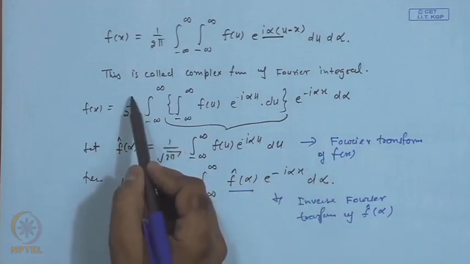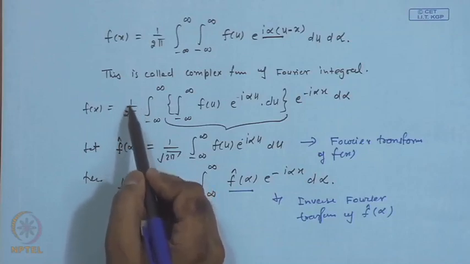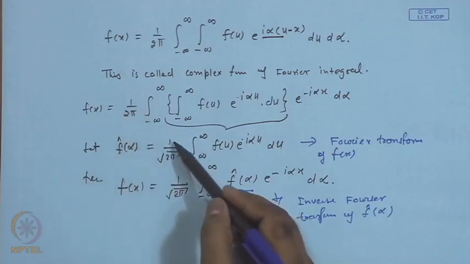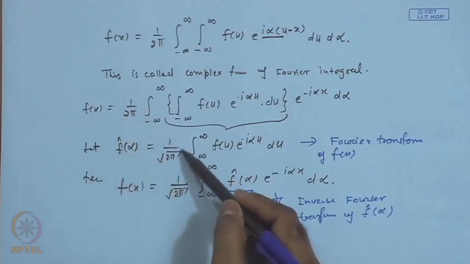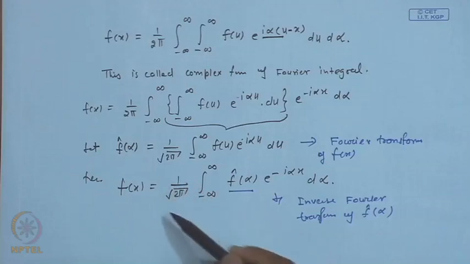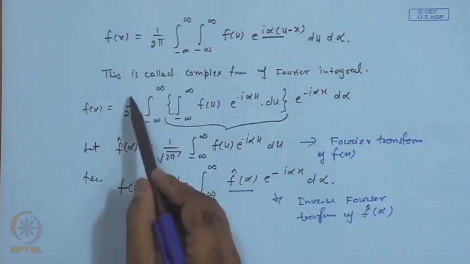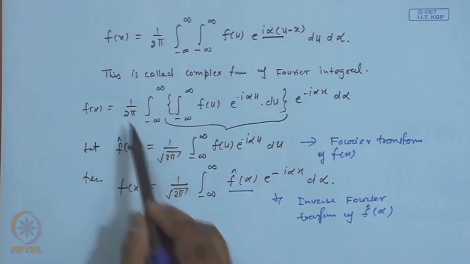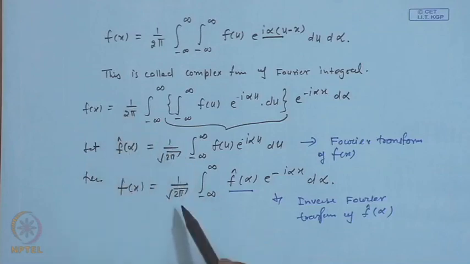Another point is that we have taken this factor 1 over square root 2 pi, and the other factor 1 over square root 2 pi, to have the same prefactor in both cases. But we can also take either the complete factor 1 over 2 pi with the Fourier transform, or with the inverse Fourier transform. That is possible.